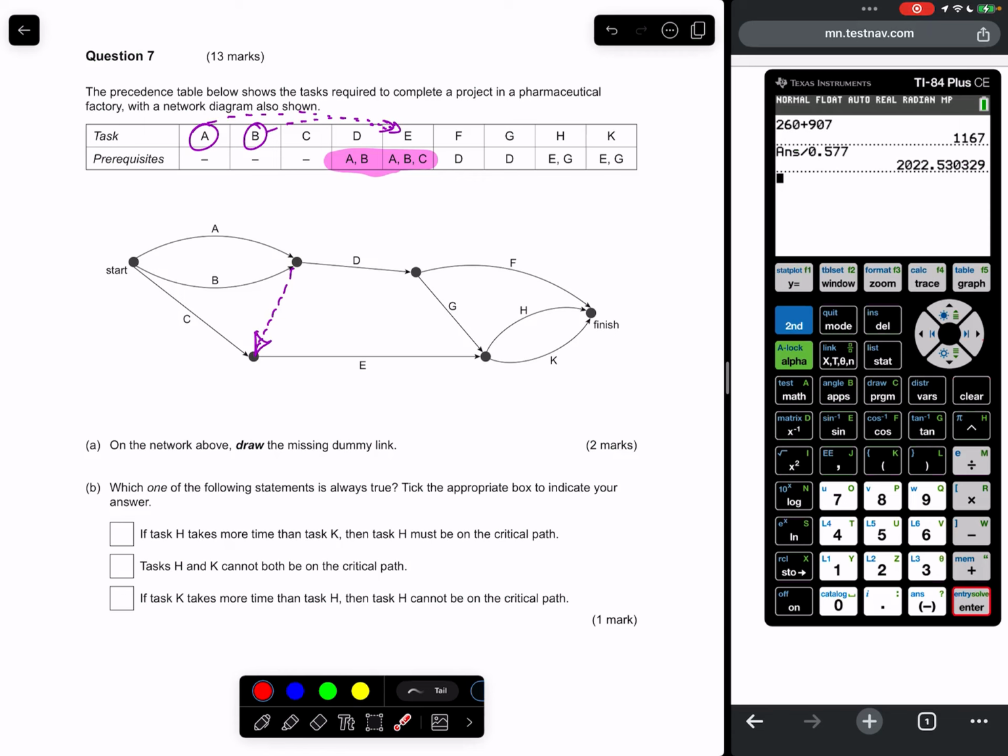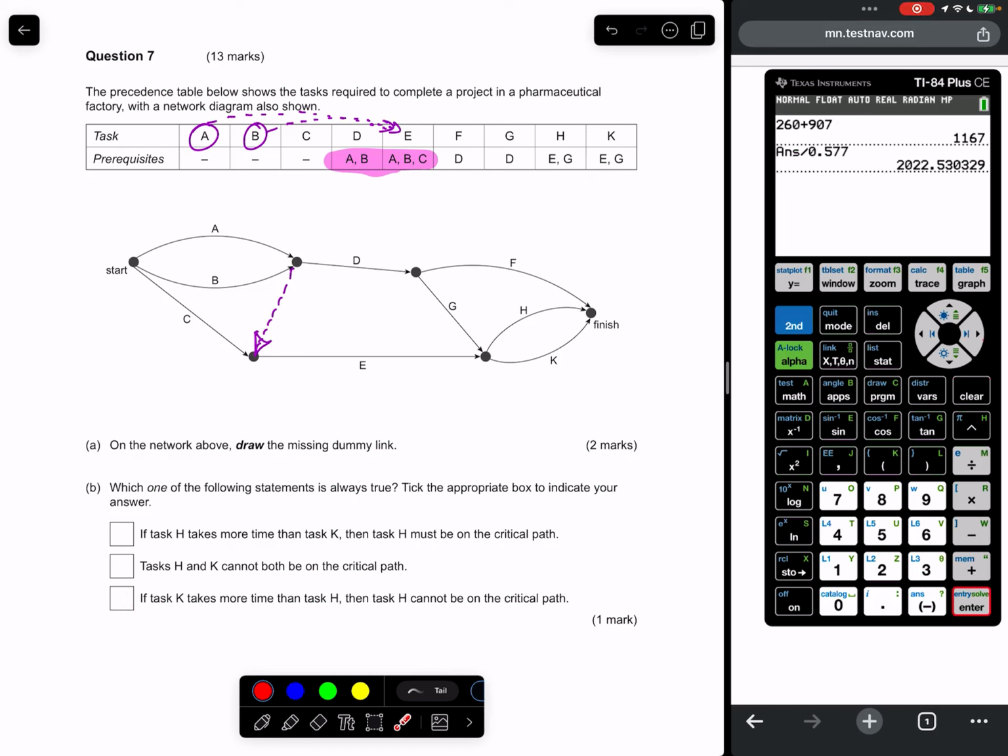Tasks H and K cannot both be on the critical path: not necessarily, because if they are both the same length and both longer than F, they can be on the critical path. So process of elimination is going to be this, but let's check it anyway.